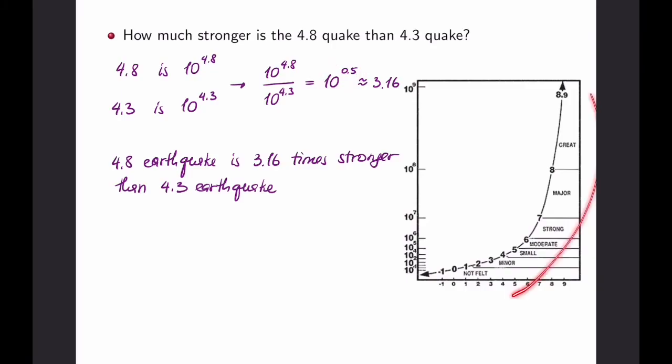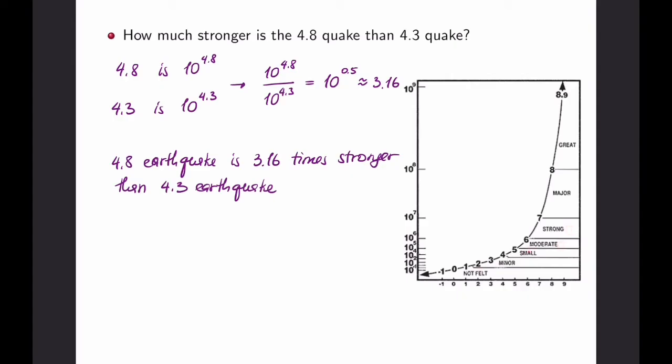Now, we see a lot of logarithmic scale graphs on news right now with COVID and measuring of the infectious rate as a logarithmic scale, so you got to be a little bit careful about those. This scale here is still the Richter scale, so you notice that 0 corresponds to the earthquake that was not felt, and then anywhere between 2 and 4 is minor, then small, then moderate, strong, and so on.